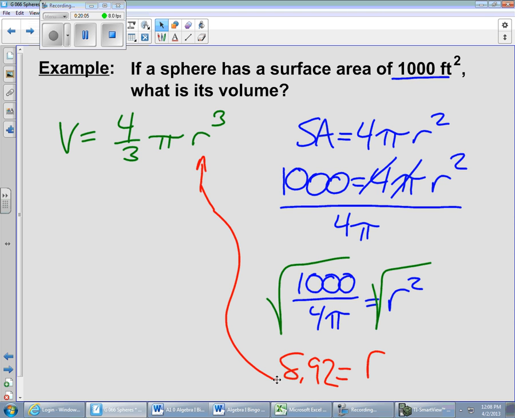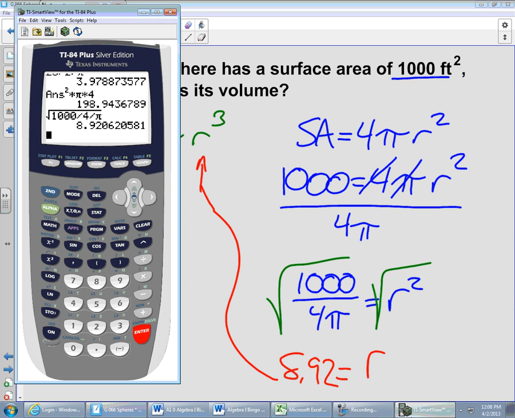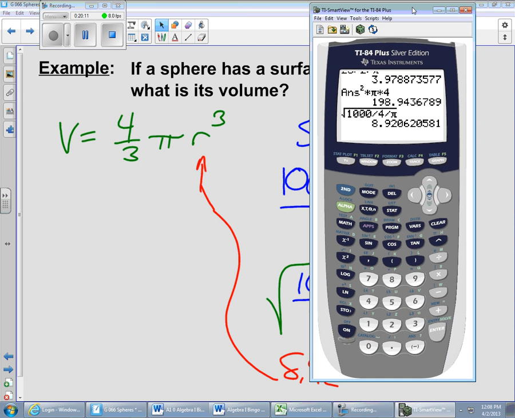So we can plug this into the formula that we've got for volume. Let's see what we got. There's our radius, that 8.92062, blah, blah, blah over there. Now, according to the volume formula, that radius length needs to be cubed. So that's what I'm going to do. I'm going to take that answer and raise it to the third power by using the caret button over there.